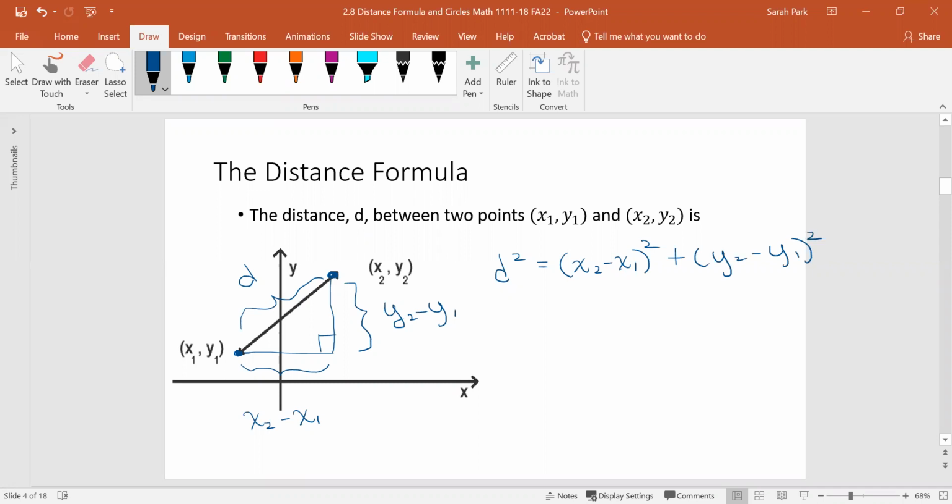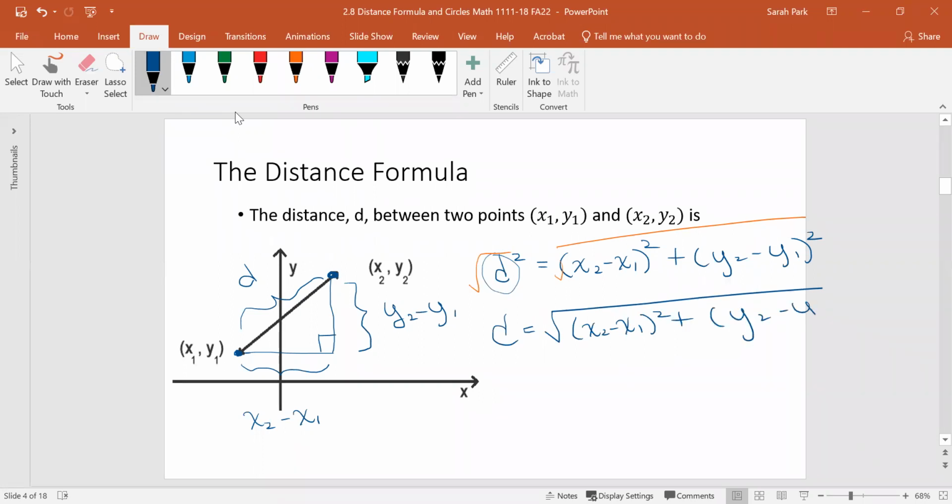Now that's one way of looking at the distance. If we want to get distance by itself, we can take the power 2 off by taking the square root of both sides. And then that would give us d is equal to the square root of x2 minus x1 parentheses squared plus y2 minus y1 squared. Okay, so you should write this formula in your notes and label it the distance formula.